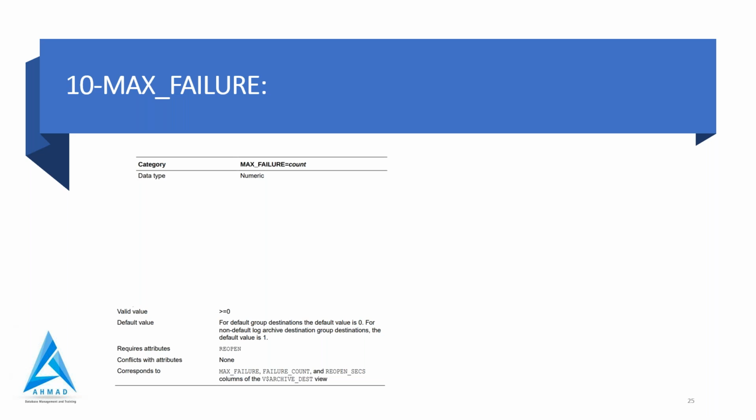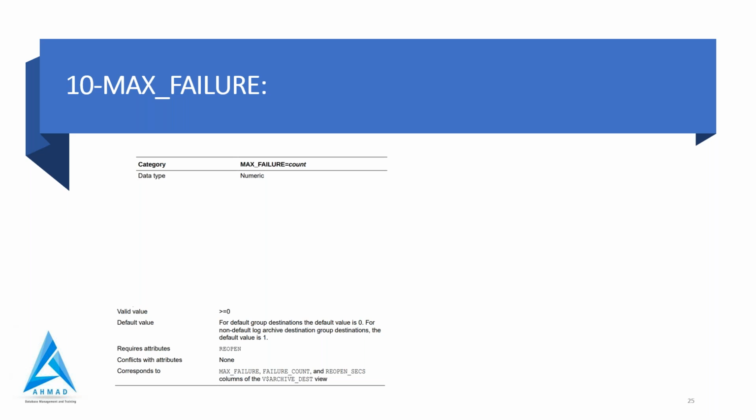Suppose I am specifying log_archive_dest_1 equals location, then the local destination path, then reopen equals 5, then max failure equals 3. What does it mean? It means redo transport services will try reconnecting up to 3 consecutive times at log switch to the failed destination, as long as each log switch is more than 5 seconds apart.